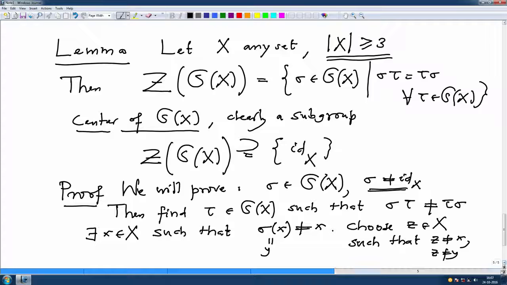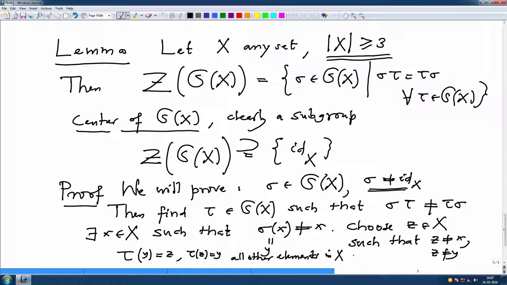Then I will take tau to be a permutation which interchanges y and z. So y goes to z and tau of z is y, and all other elements in X are fixed under tau. So we get a permutation tau.